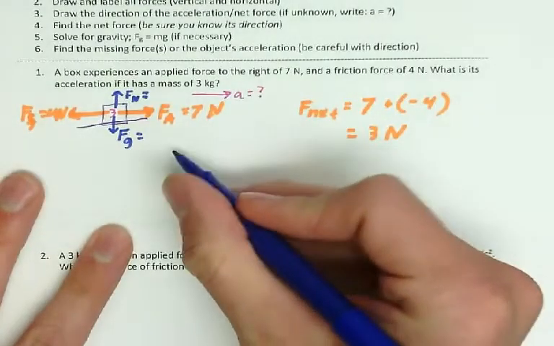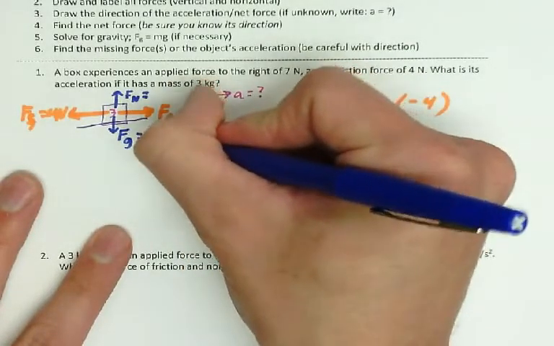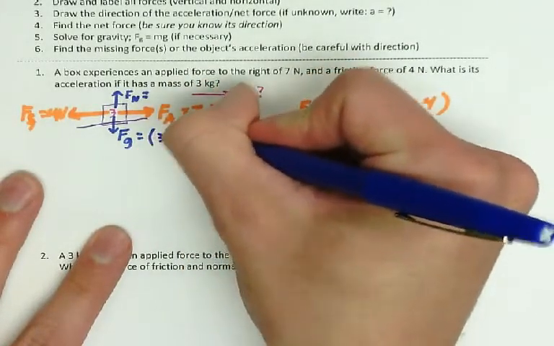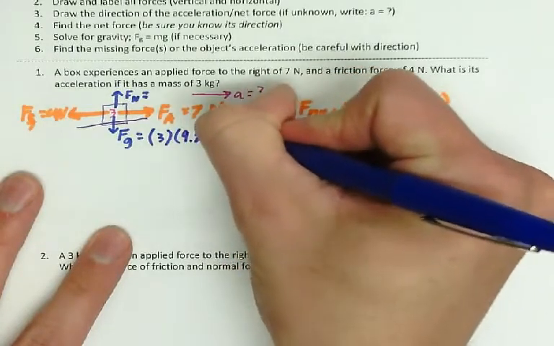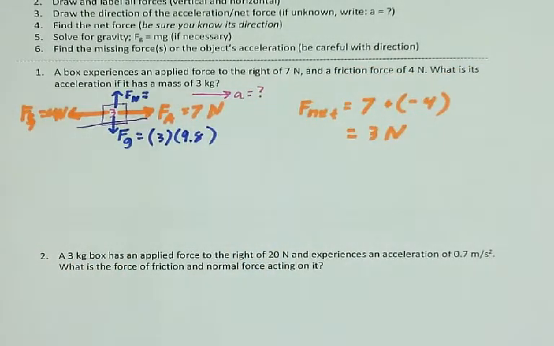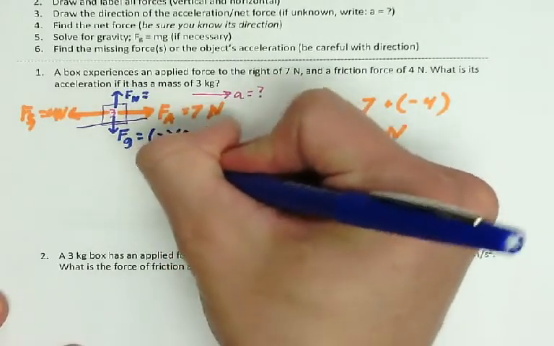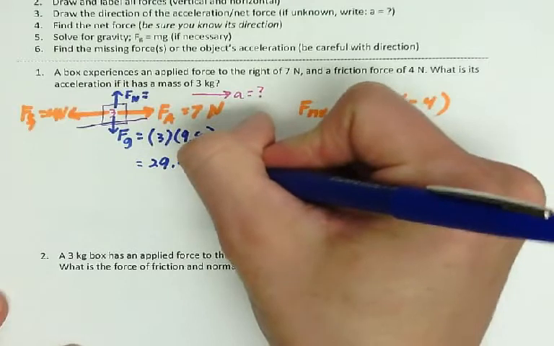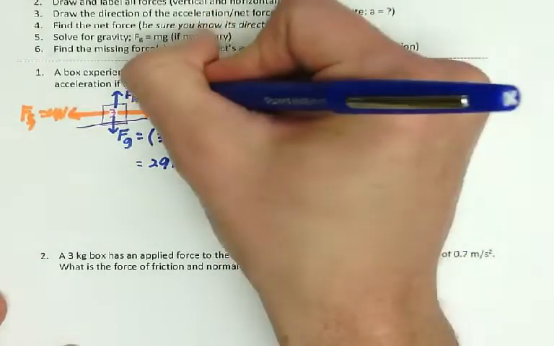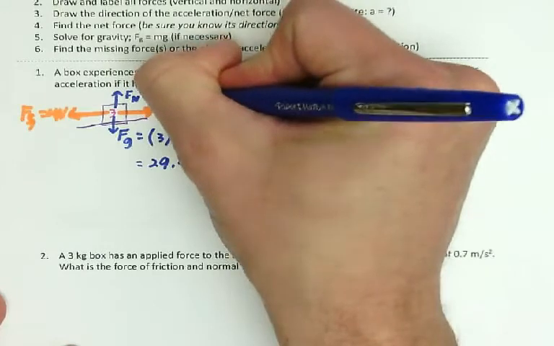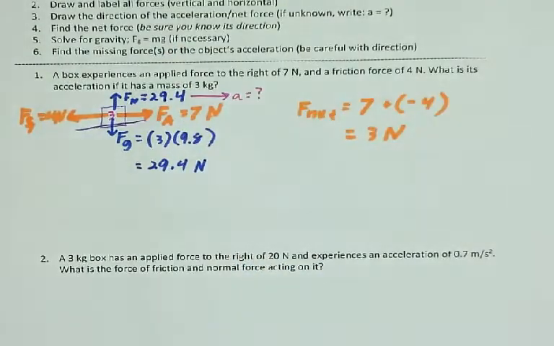So if I wanted to find the force of gravity, I take the mass times 9.8, which is 29.4. Which means if that's what the force of gravity would be, the normal force would also be 29.4. Now, I didn't ask you to solve for those here, but it's helpful to see how you would find them if you need them.